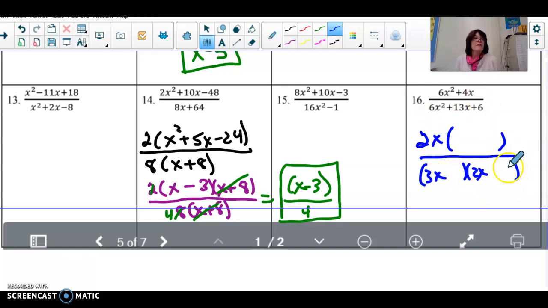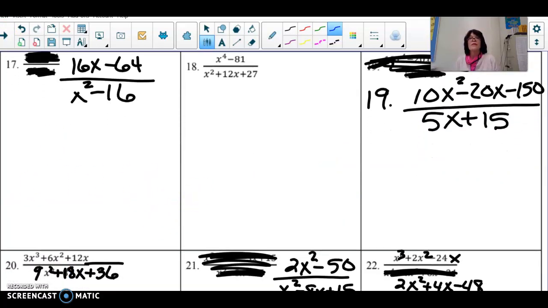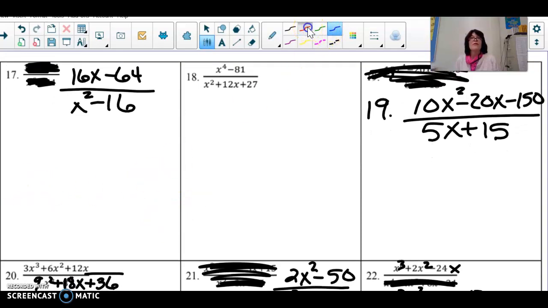And with 6, maybe try what? 3 times 2. Does that work? That gives me 6x squared plus 9x plus 4x. Yes. 9, 10, 11, 12, 13. That gives me 13x in the middle. Okay, so just see what's left here and see what will cancel.